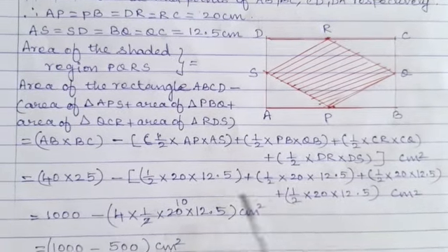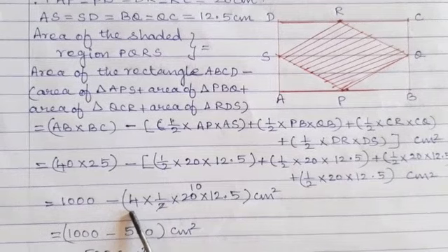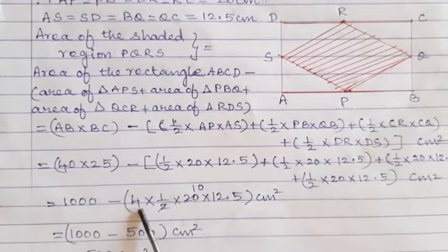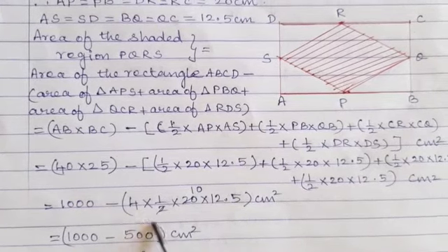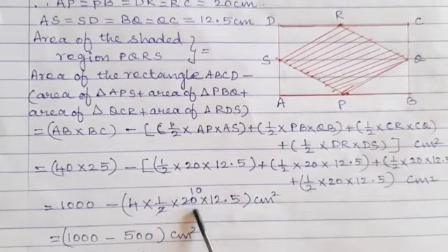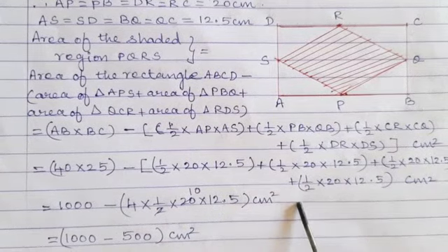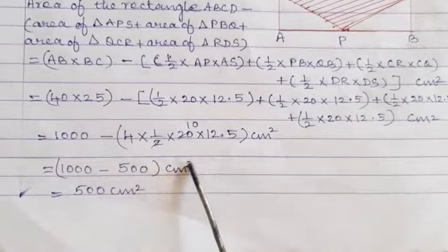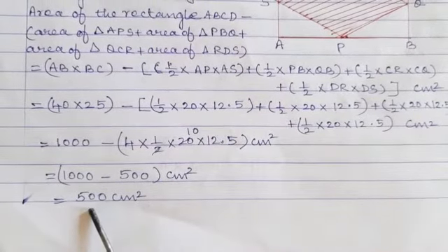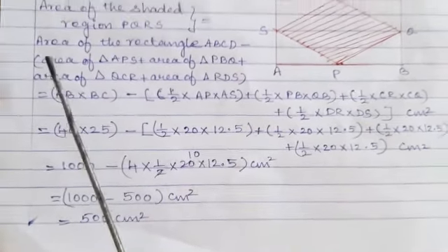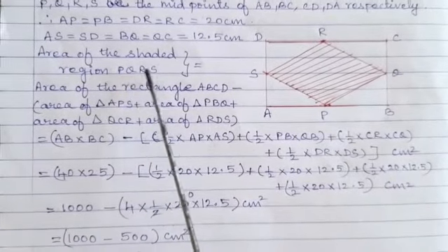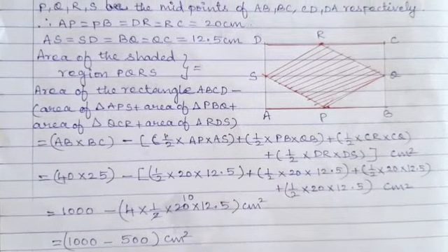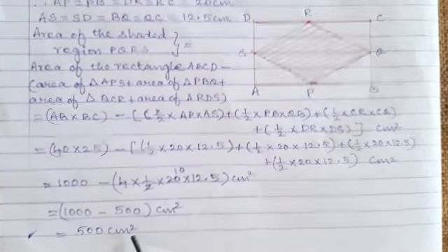So I have written in this step, 40 into 25 is 1000 minus 4 triangles into area, 4 into half into 20 into 12.5 centimeter square. After simplification, you will get 1000 minus 500 centimeter square, that is equal to 500 centimeter square. This is the area of the shaded region PQRS, that is 500 centimeter square.